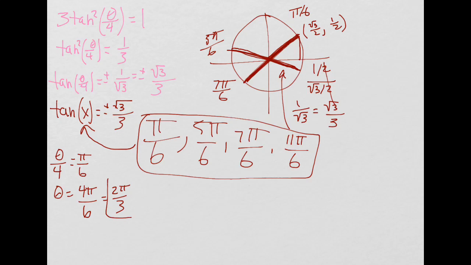So we definitely found one solution right there. 5 pi over 6, 5 times 4 is 20. 20 over 6 is not in our interval. So we're screwed. Same with 7 pi over 6. 7 times 4 is 28. 28 over 6, certainly bigger than 2. 11 times 4, 44 over 6, certainly larger than 2. So this is actually going to be the only solution in the interval that we're looking at.